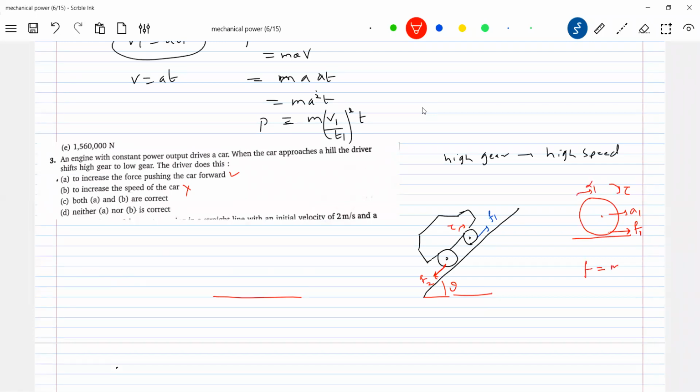So F equals m a1. Then for the torque: torque minus F1 equals I into alpha 1. And for pure rolling, a1 should be equal to R alpha 1.